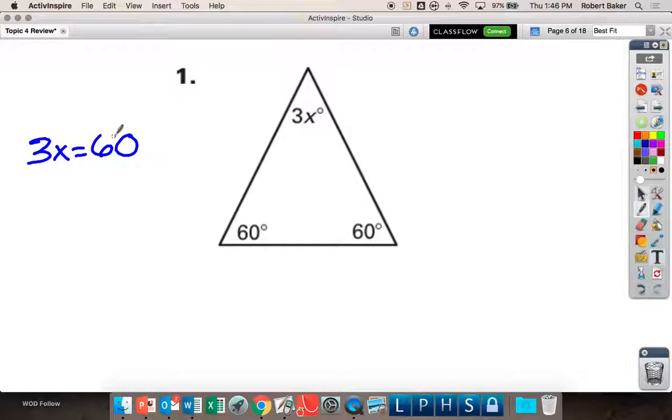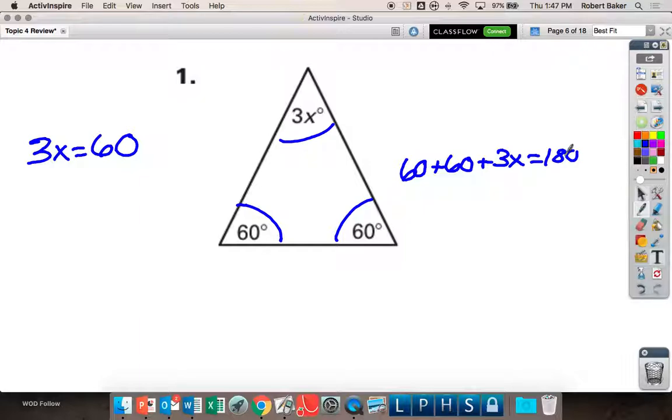Okay, if you don't understand this, I would recommend asking, what shape is that? How many degrees are in the triangle? 180. So 60 and 60 and 3x add up to 180. That's an easy way to make that just a triangle problem.